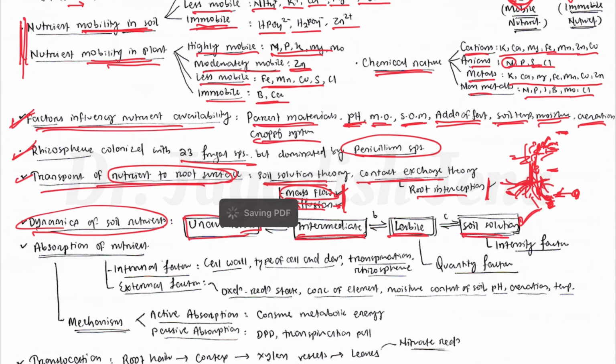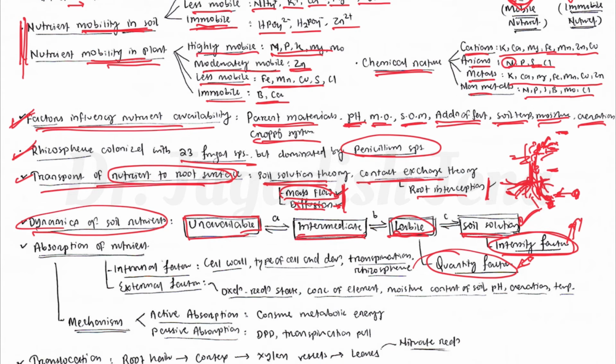This soil solution form is known as the intensity factor. The labile form, and whatever is available before that, is called the quantity factor, which is the quantity of nutrient available. The intensity factor is always less than the quantity factor, and the intensity factor is helpful for plant nutrient uptake.